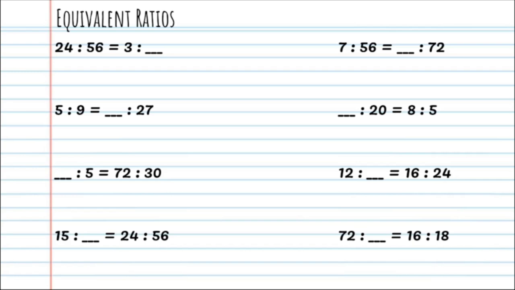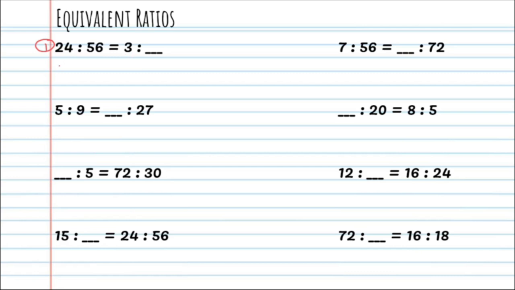So if we look at this first one right here, number 1, we're starting with the ratio of 24/56. Obviously, this is not in our simplest form, but we're wanting to get to 3 to something. So we can look at this backwards. We know we have 24 here, and we wound up with 3 over here.